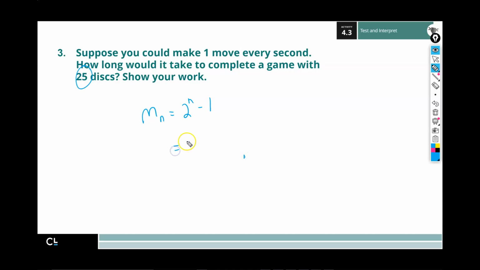So I would put in 2 to the 25th power minus 1. 2 to the 25th power, take away 1.